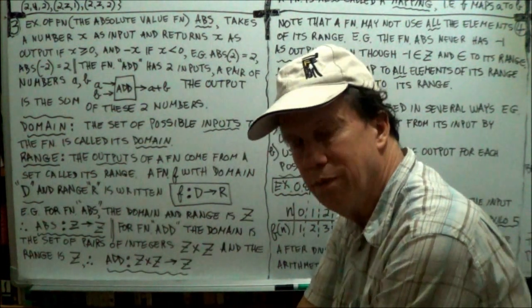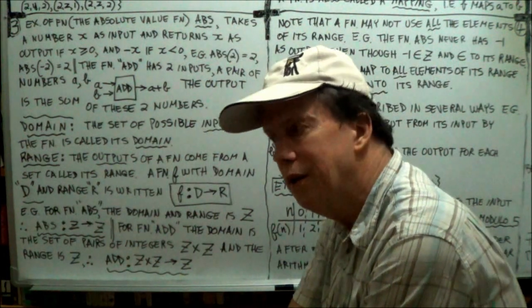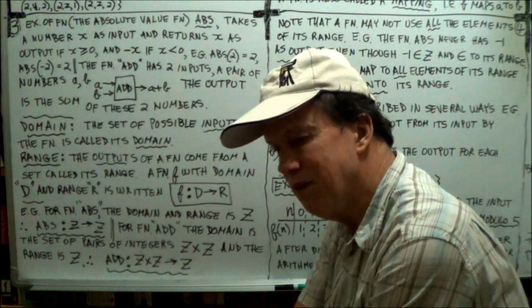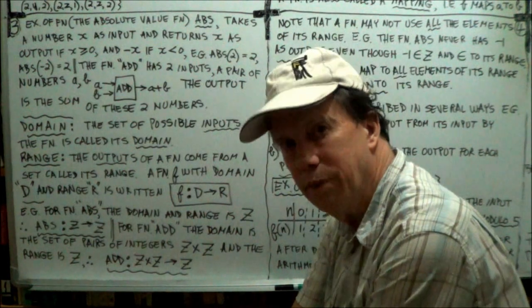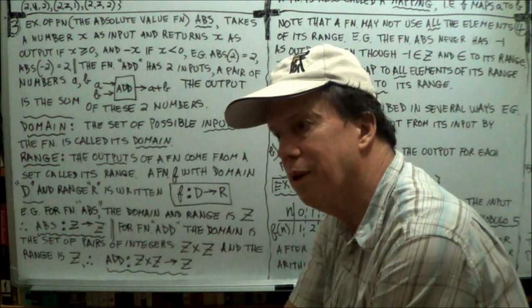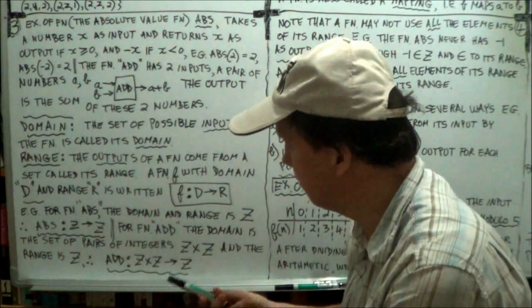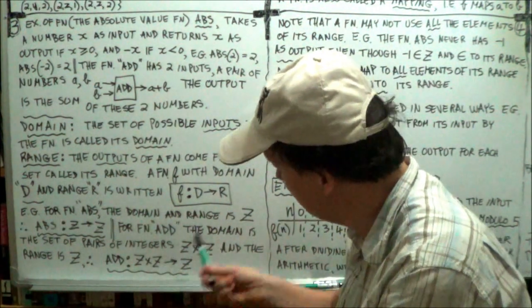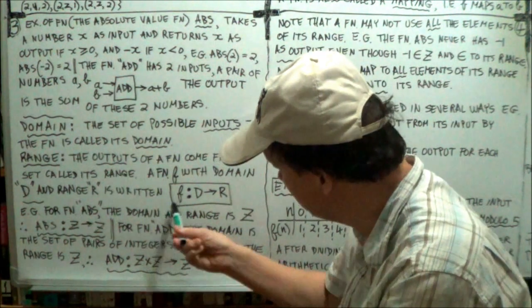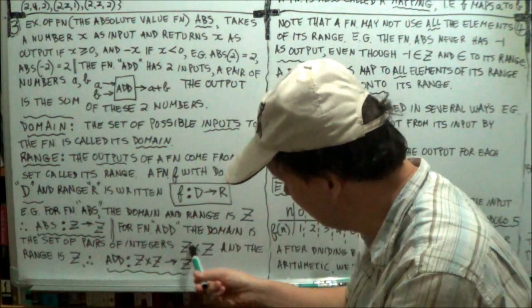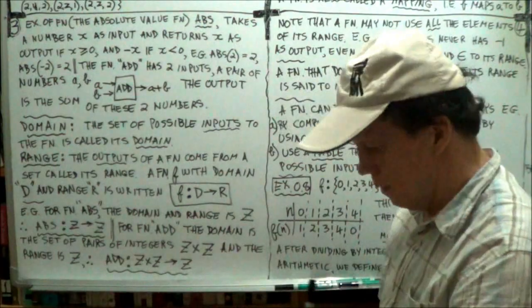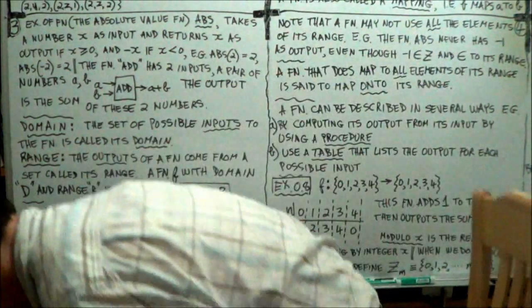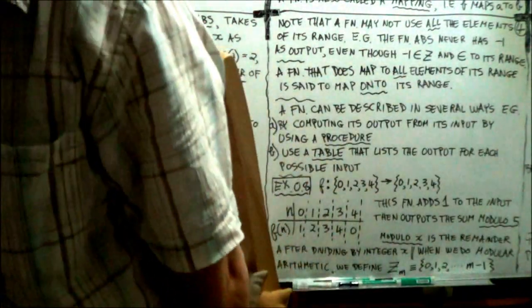So big A, capital A, is Z, and capital B, big B, is again Z. Right? So your domain is the cross product Z cross Z, and the range is just Z. So you rewrite this as this. Okay. All right. So I'll swap over the chair.